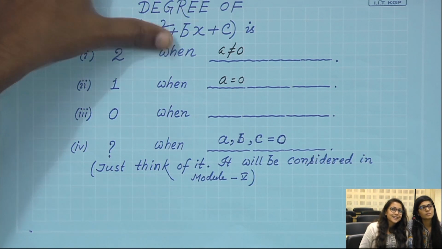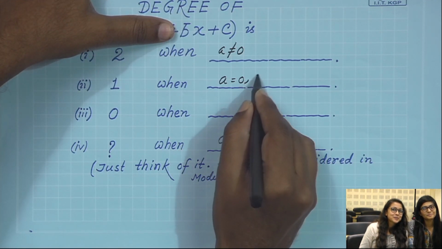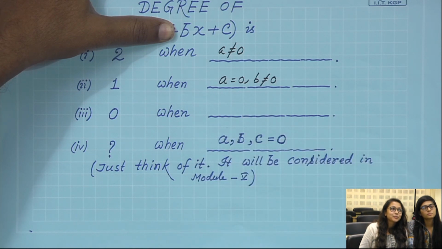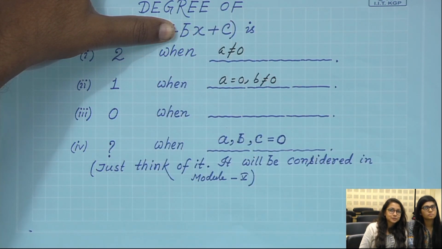Here b must not be 0, for getting the term b x to be present, and then 1 will be the maximum of the power indices. Here the indices of the powers are 1 and 0, because c can be written as c x to the power 0, and the maximum is 1. Therefore, the degree would be 1.